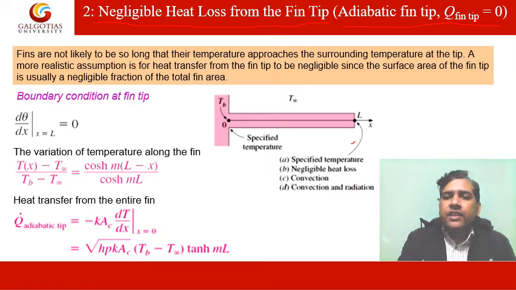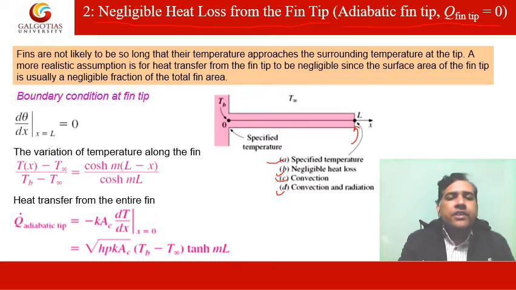It means that the heat transfer rate from the tip equals 0. So in this case, convection and radiation will be the mode of heat transfer, and at the tip these conditions will exist.